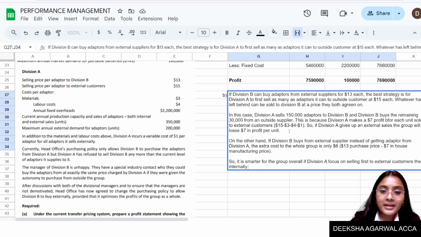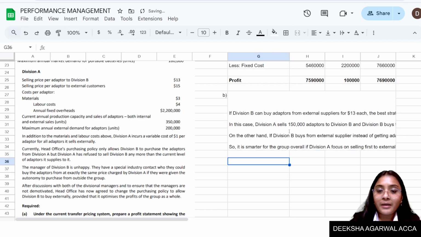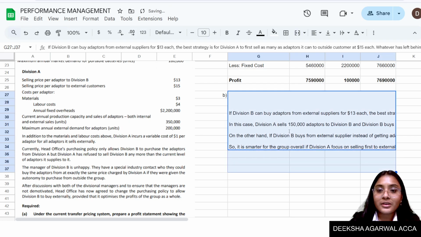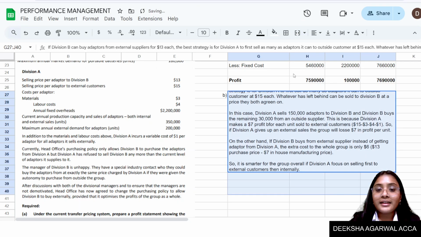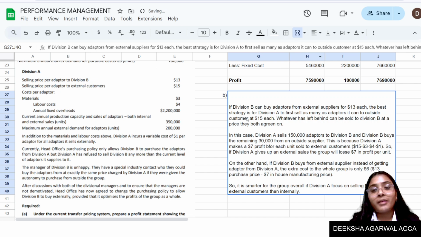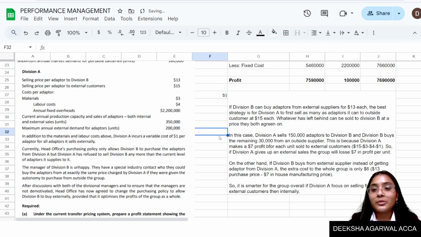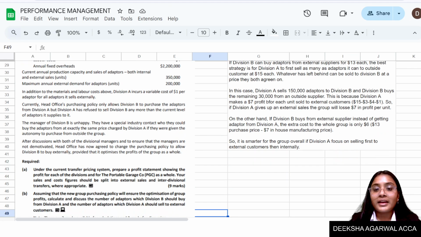Because you need to understand one more thing: when a company sells goods externally, until you cater to the demand, you will not be able to capture a good market share. And at the end of the day, every company wants that, the organization as a whole to capture a good market share. Correct? That's what happens basically.